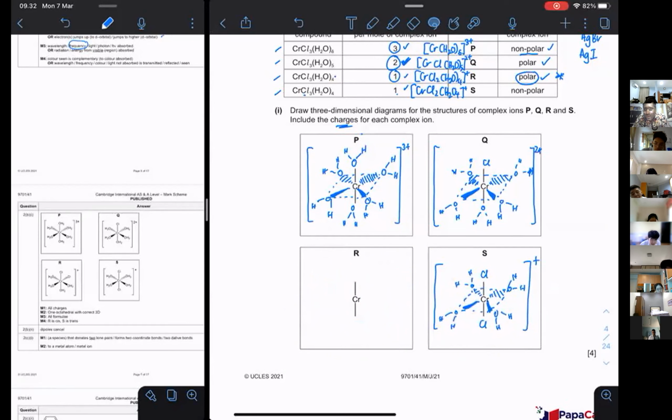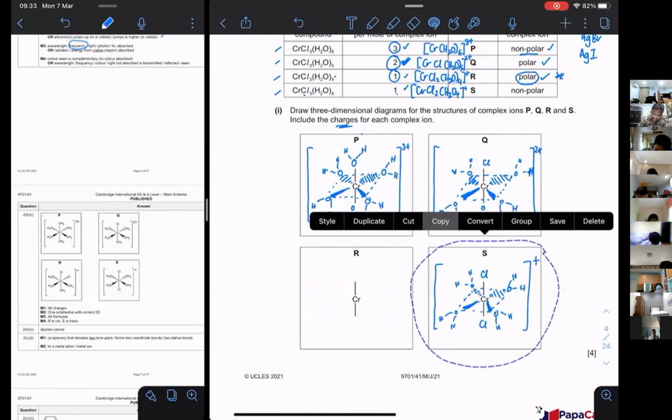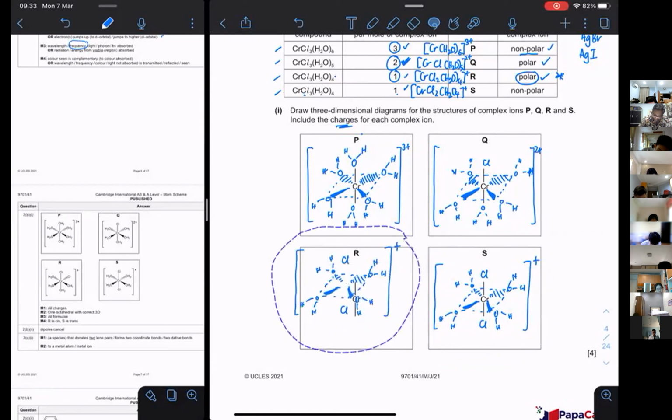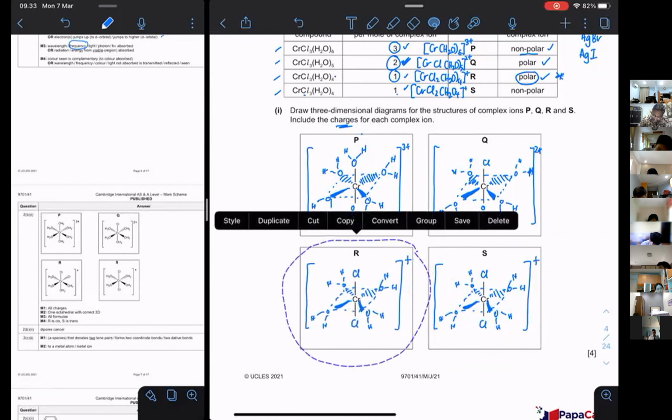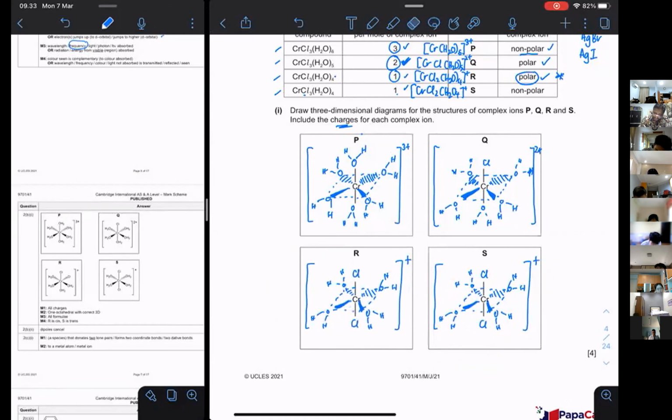If I copy this, it's the same compound, but if I put the Cl in different position, let's say I don't put the Cl here and I put the Cl over here, then now they are polar. This is what they want.